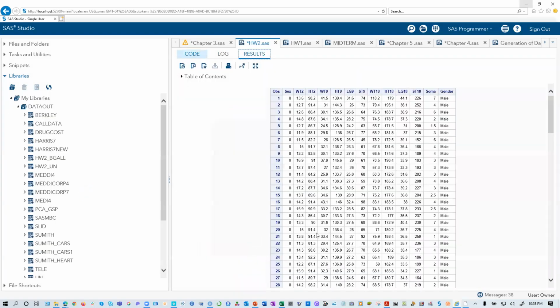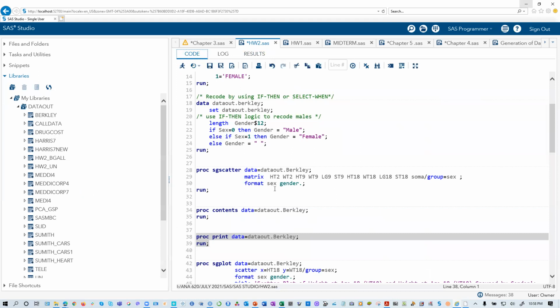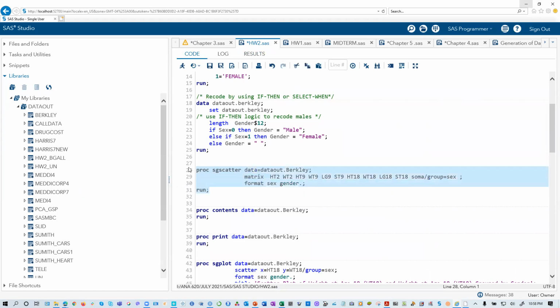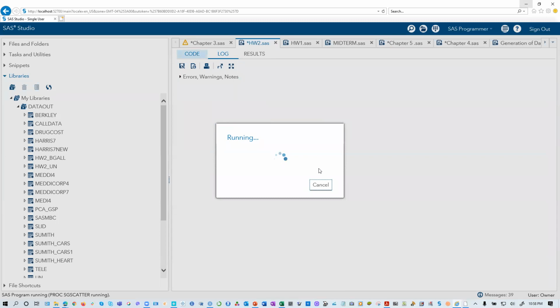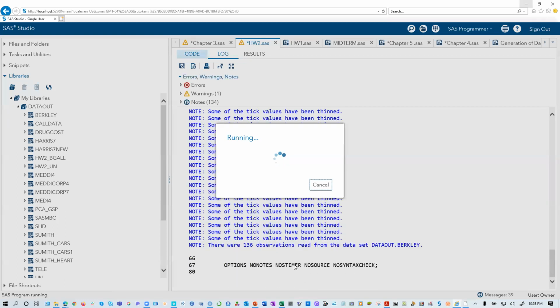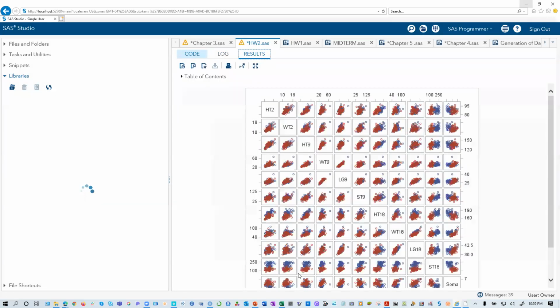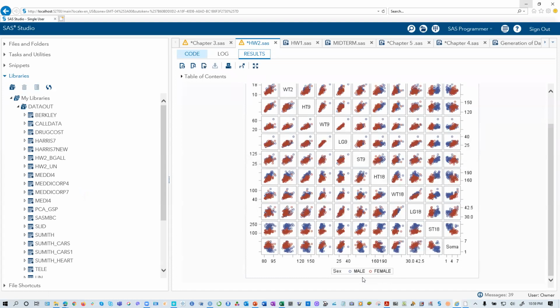If I did any changes, I put it back. 0 becomes male; now we don't call it group 6 but gender. When you run this one, you can clearly see male and female.